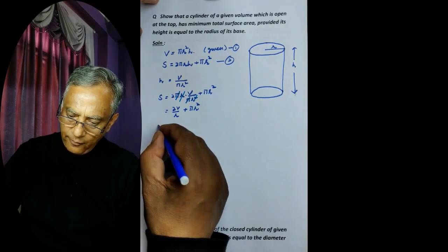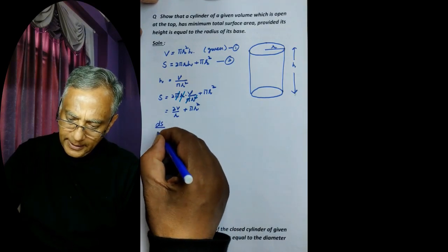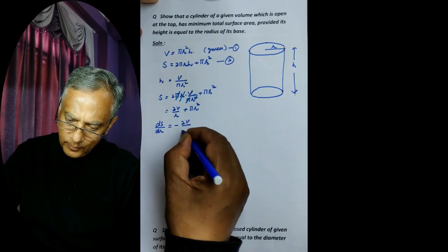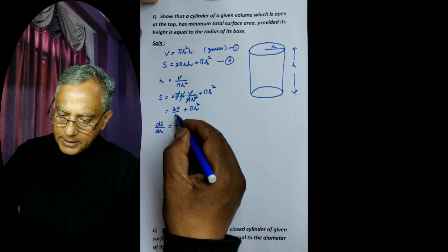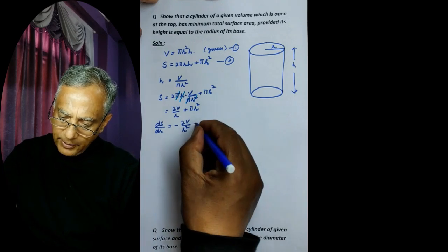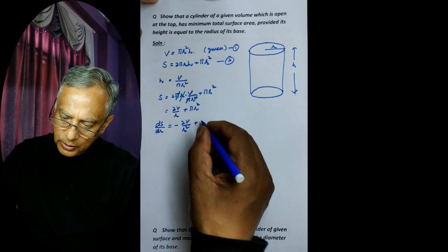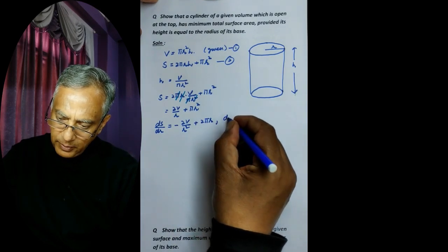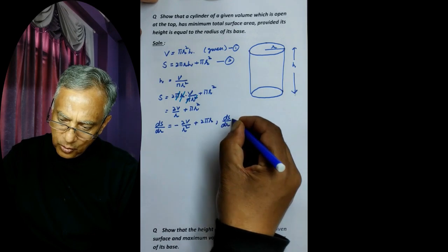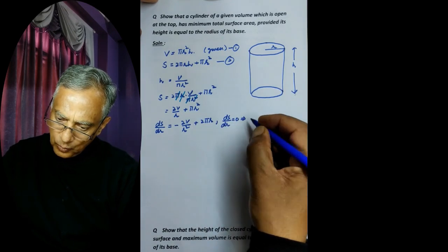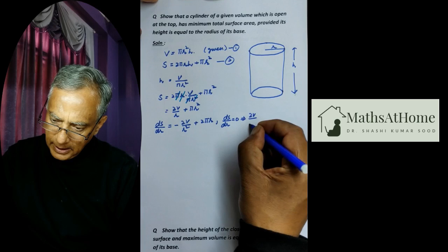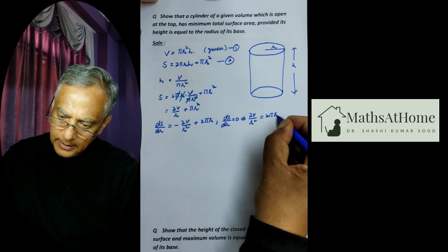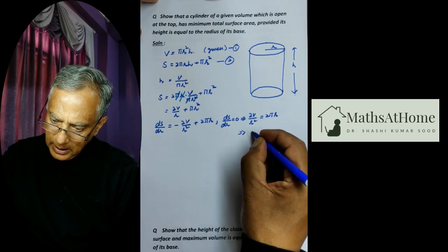So what we do is we find dS by dR. This is equal to minus 2V by R square. Differential of 1 by R is minus 1 by R square, and differential of this will be 2R, so this will be 2 pi R. Therefore dS by dR is equal to 0 implies 2V by R square is equal to 2 pi R, and this implies R cube.